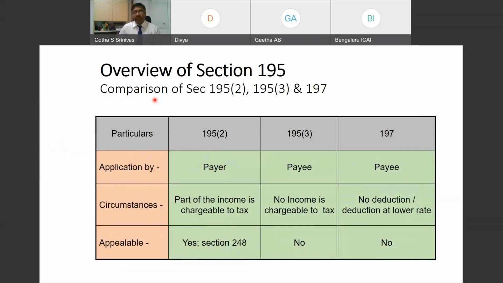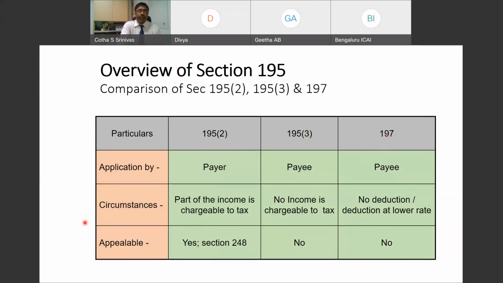If you compare 195(2), 195(3) and 197, whatever you get under 195(2) and 195(3) is called an order, and under 197 it is a certificate. So this will be an order issued under 195(2) and 195(3). The application is made by the payer for 195(2), and by the payee for 195(3) and 197.